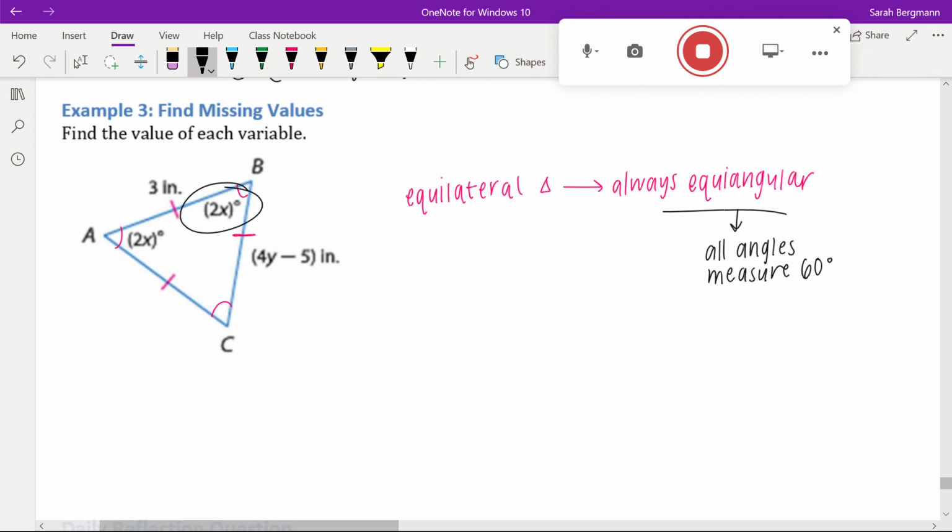Therefore, I know that 2x must be equal to 60 degrees. So x must be 30.